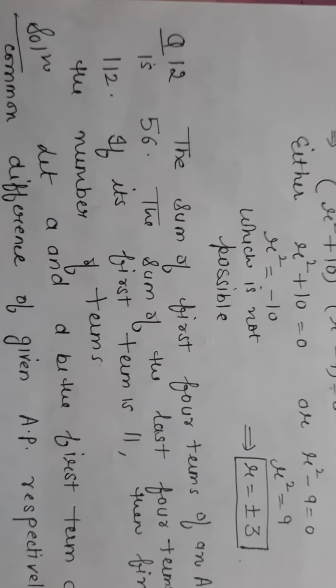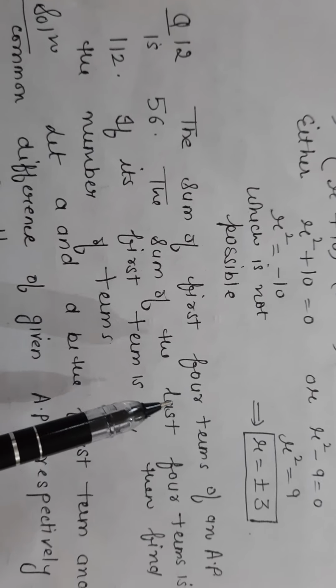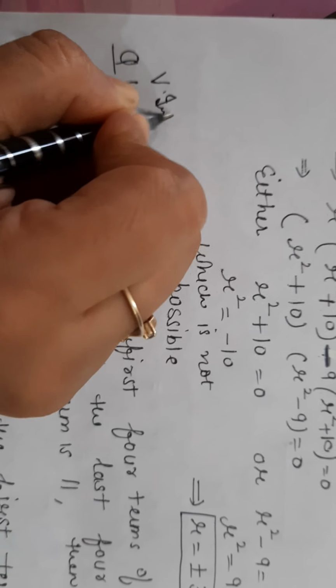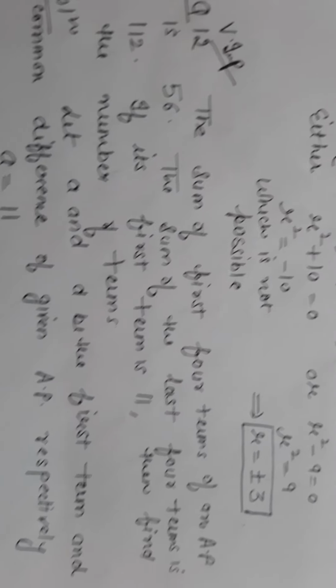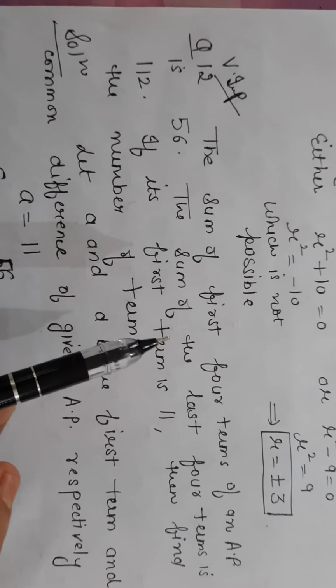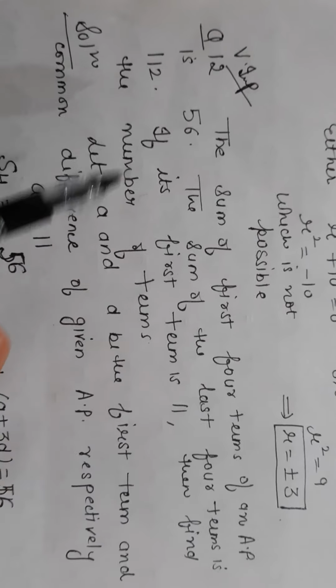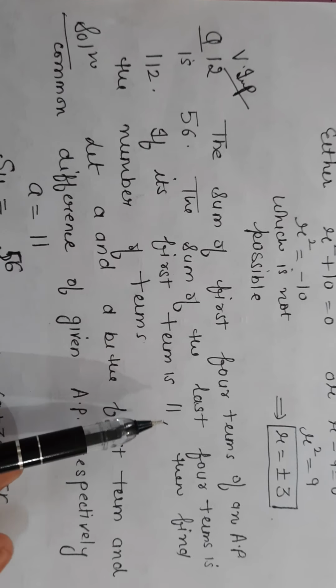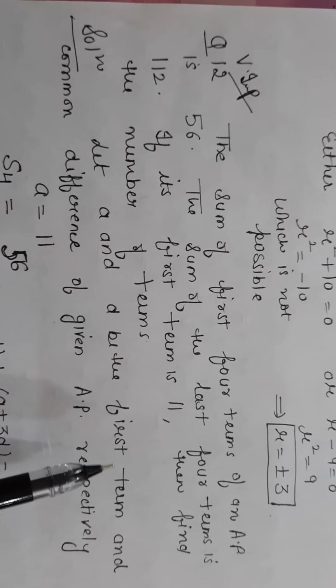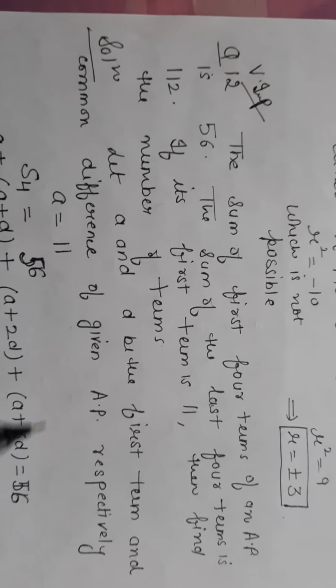Now question number 12. This is also a very important question. The sum of first 4 terms of an AP is 56 and the sum of last 4 terms is 112. If the first term is 11, then find the number of terms. First let A be the first term and D be the common difference of the given AP.